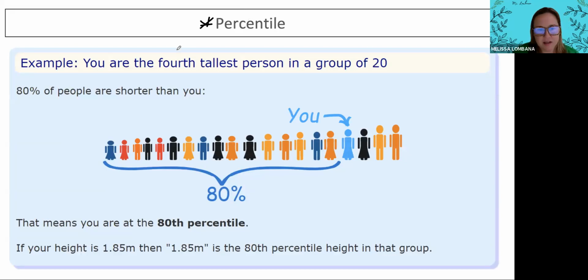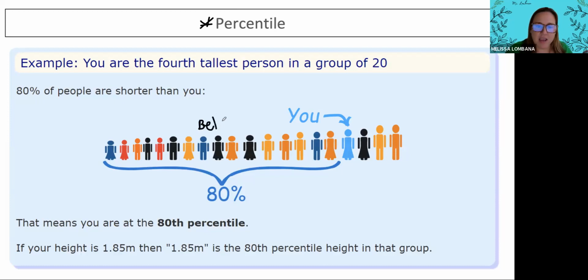So if you get, let's say, 80%, 80th percentile, that means that 80% of the people that took this are below you, okay? So they are below you or got a score lower than you. In this case, they're looking at the height. So if you're the fourth, because you're in the 80th percentile, that means that there are 4 people taller than you, but everybody else, there's 80% that are below you.